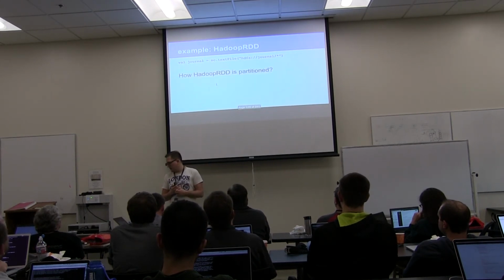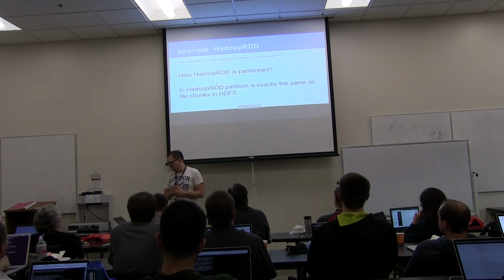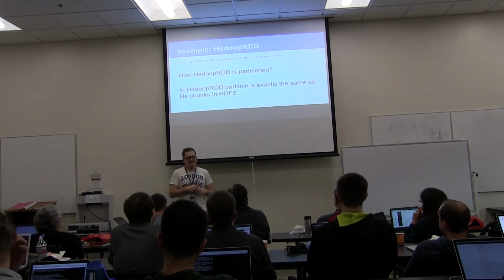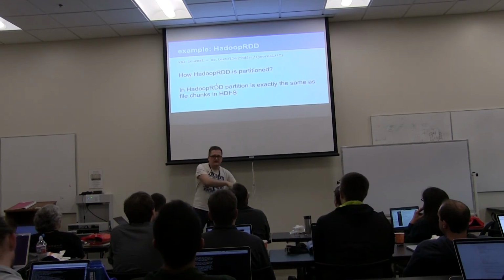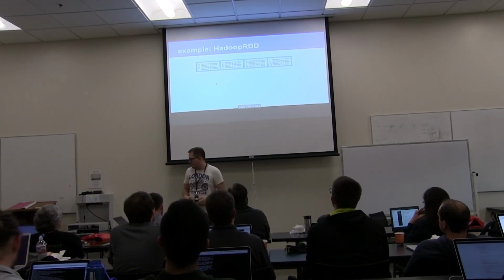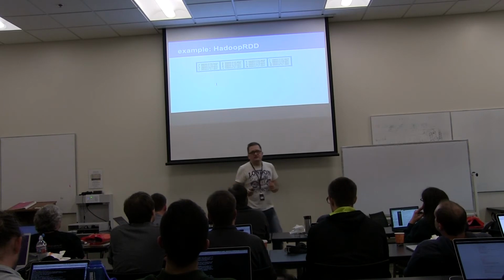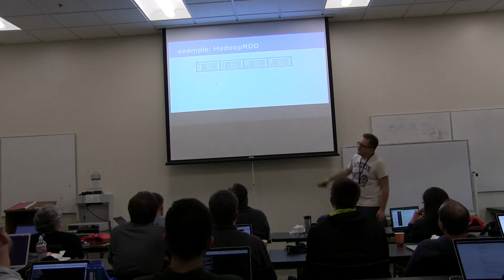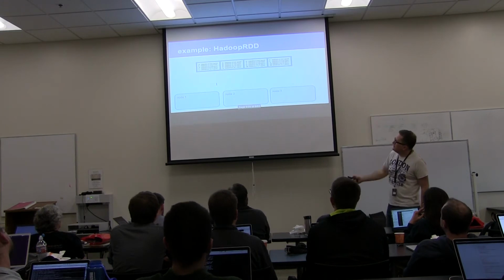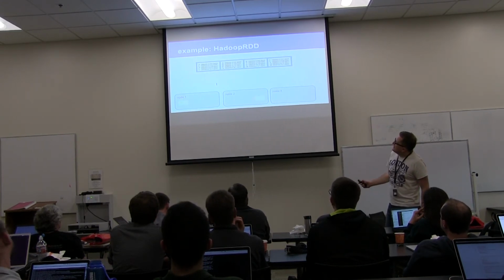This is the RDD that is returned when you call the textFile method. How the Hadoop RDD is partitioned is exactly how it is chunked and split in the HDFS system. This is HDFS, this is your file, which is already split into small chunks. In HDFS you have a few nodes. The first chunk might live in this node and that node.